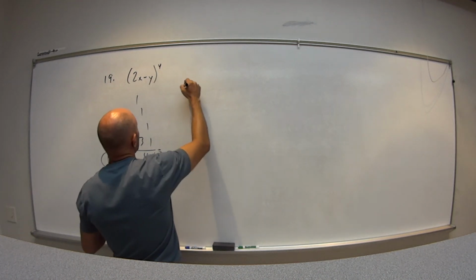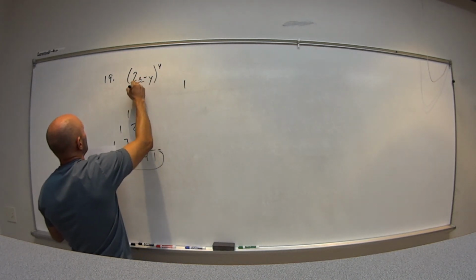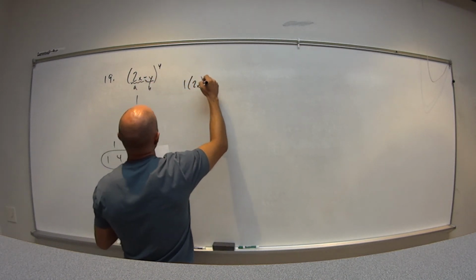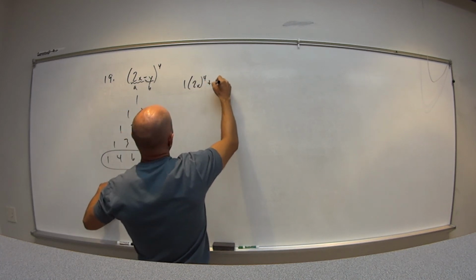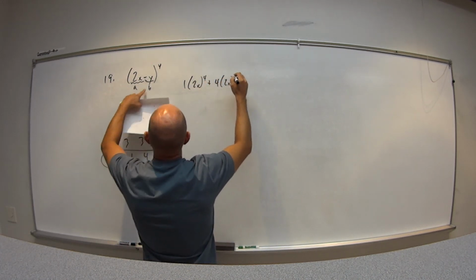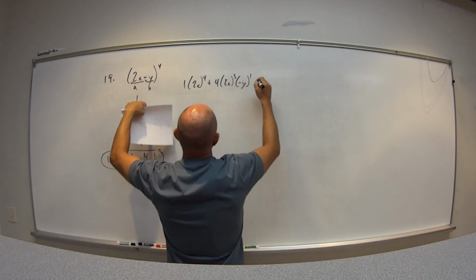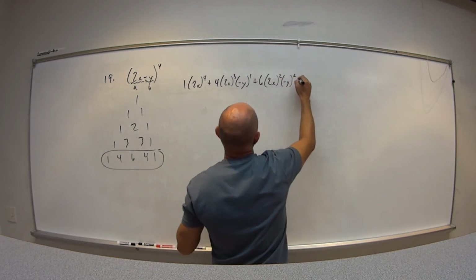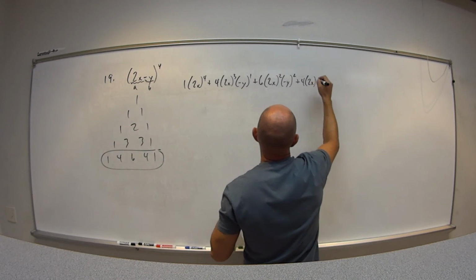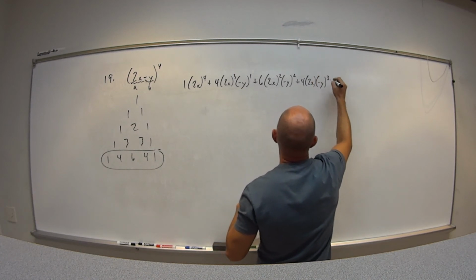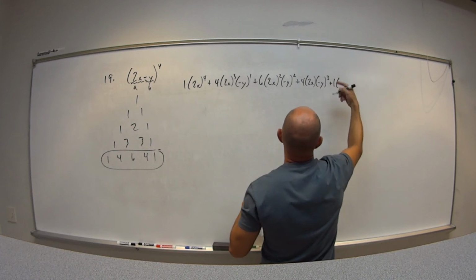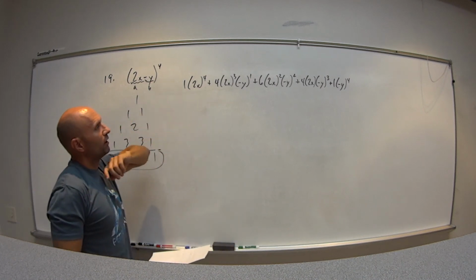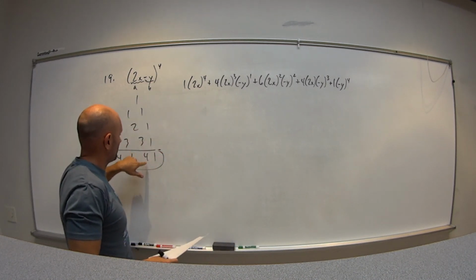So we're going to have 1 times, this is our a, 2x, negative y is our b, so it's going to be 2x to the 4th, plus 4, 2x to the 3rd, negative y to the 1st, plus 6, 2x squared, negative y squared, plus 4, 2x to the first, negative y to the third, plus 1, 2x to the 0, negative y to the fourth. So that's using our binomial theorem with Pascal's triangle.